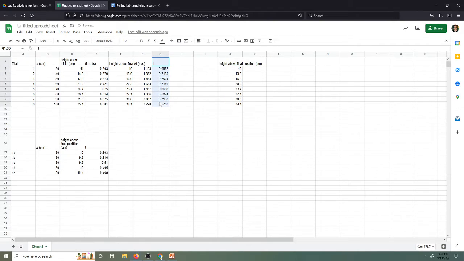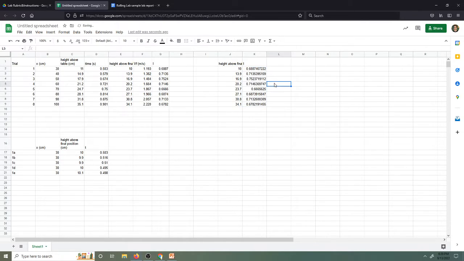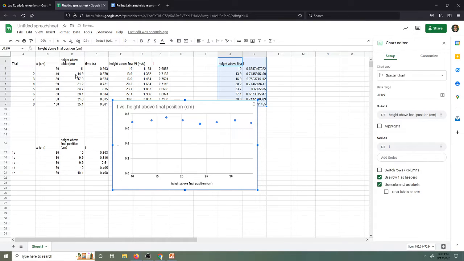This is not absolutely necessary, but it's going to make making the graph a little easier because when the columns are next to each other, it makes it easier to graph. Okay, so I'm going to highlight that, insert chart. I want to make sure I have a scatter plot here. It did that for me automatically, which is great.